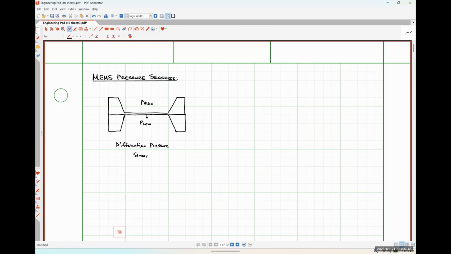Then the next type of pressure sensor, I'll draw it over here to the right, going to be real similar.